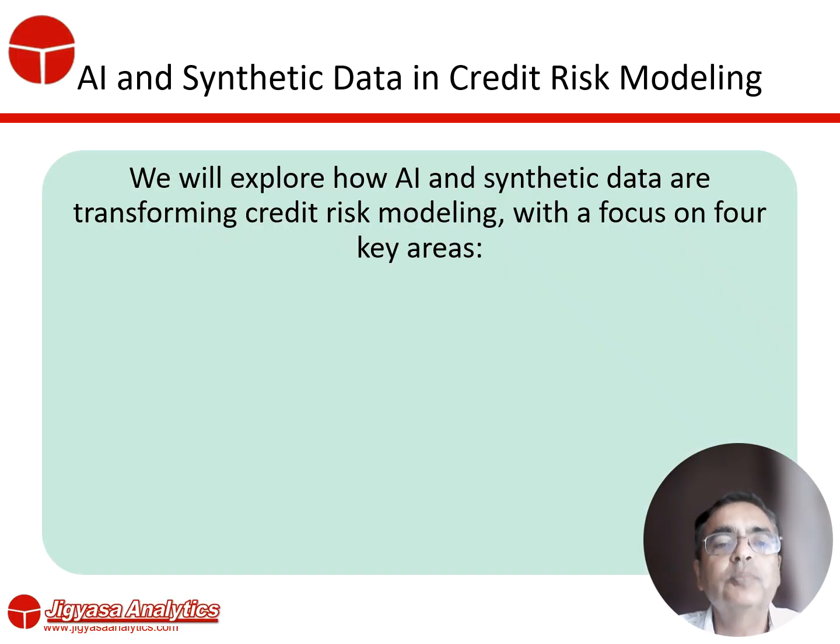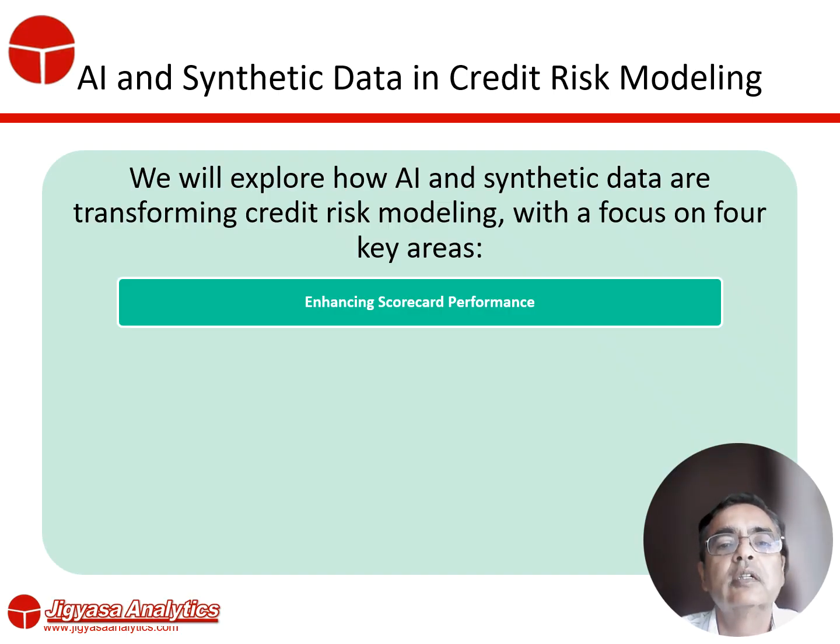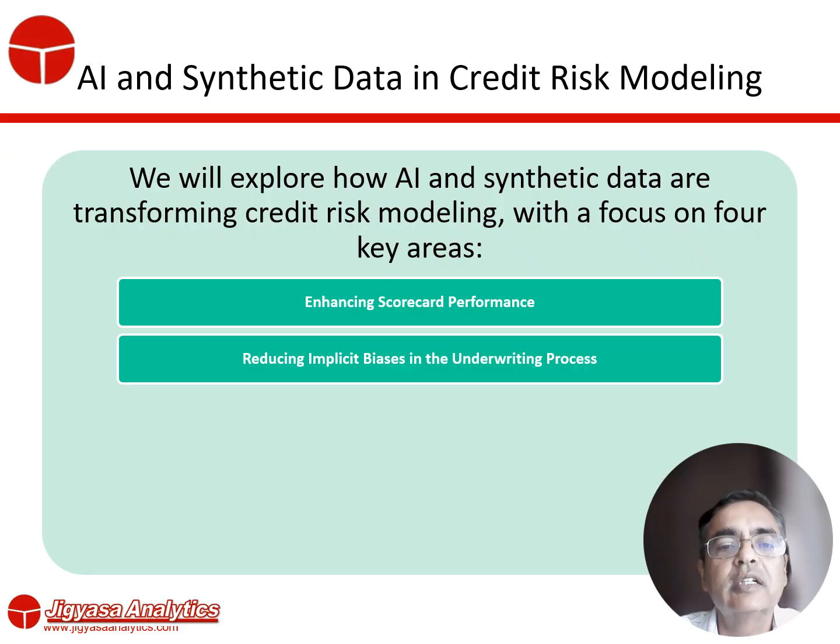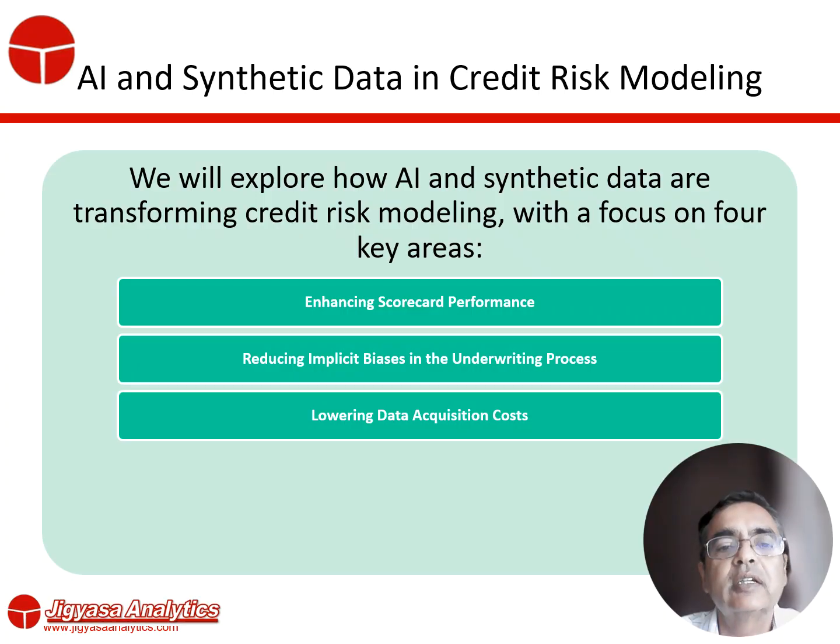So let us begin with a quick overview. We will be focusing today on four key areas. First is how we can use these techniques to enhance the performance of our scorecard. The second is how we reduce the bias, especially the implicit bias that creeps into the underwriting process.